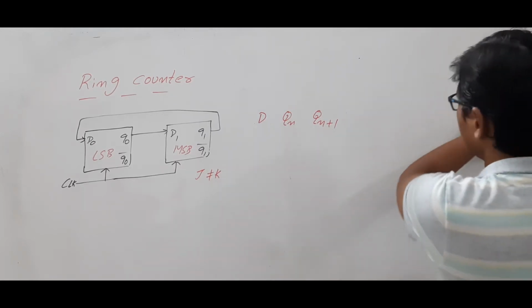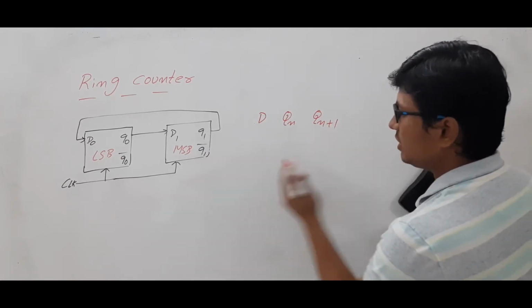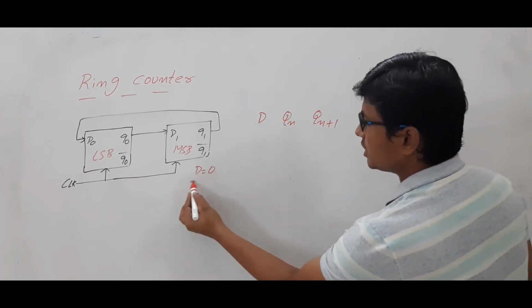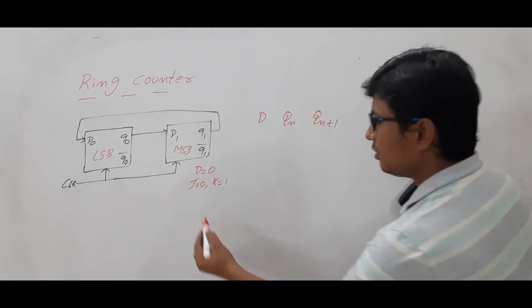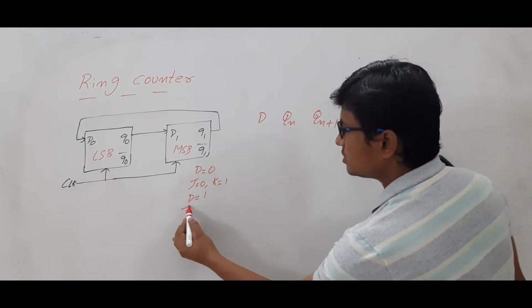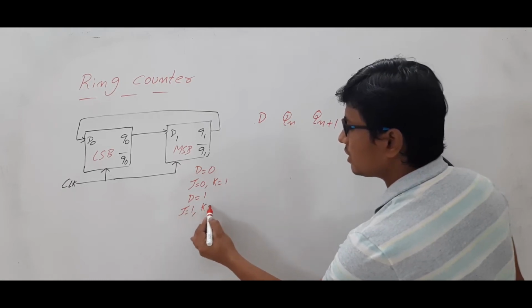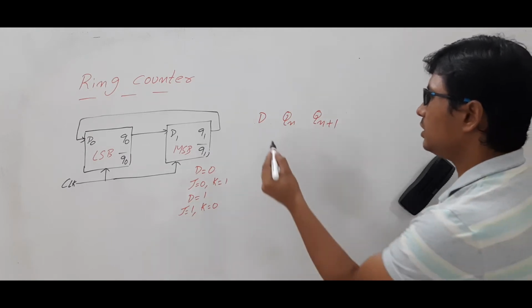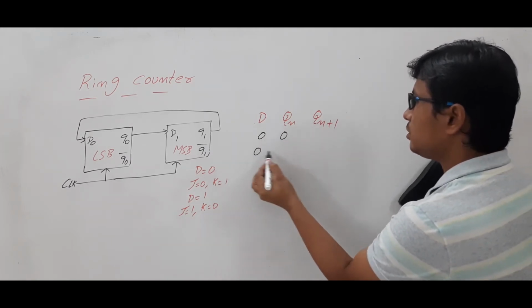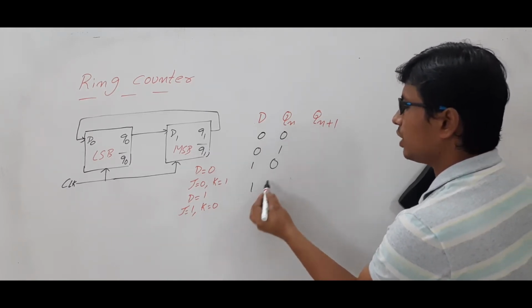Let me discuss with an example. If D is equal to 0, J will be 0 and K is equal to 1. If D is equal to 1, J is equal to 1 and K is equal to 0. So we have the inputs 0 0, 0 1, 1 0, 1 1.